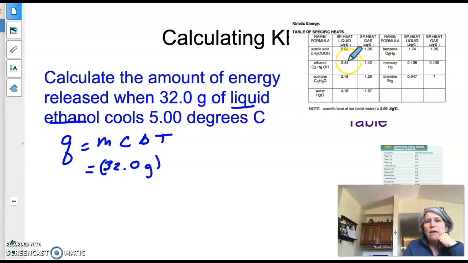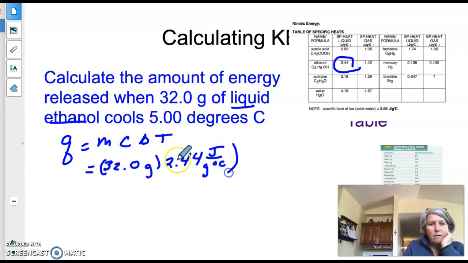So I look at liquid ethanol here, and I notice that it has a specific heat of 2.44, and that's joules per gram degree C. So I'm going to multiply that. That's my C.